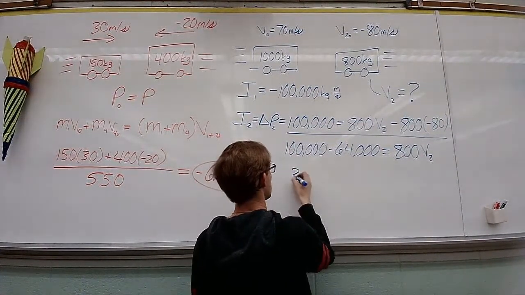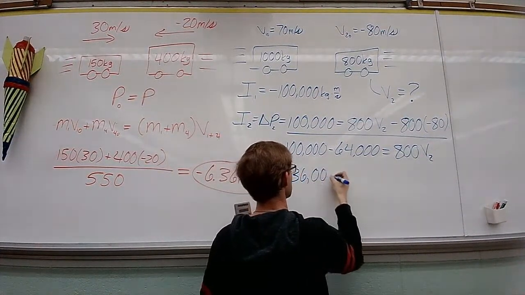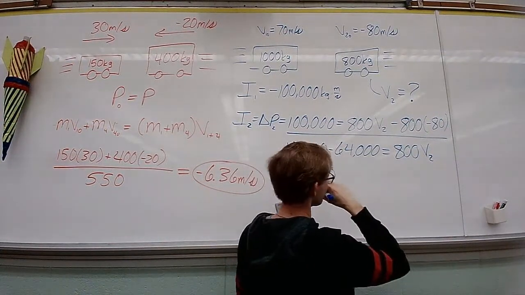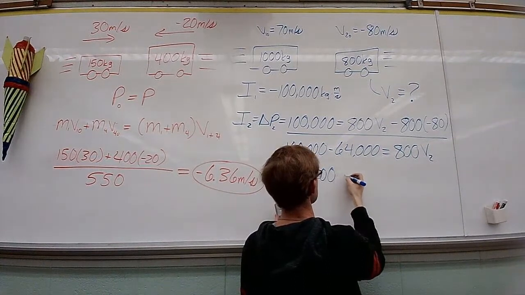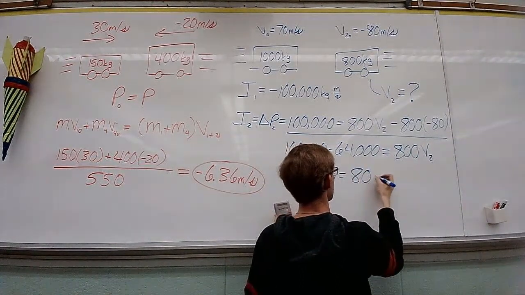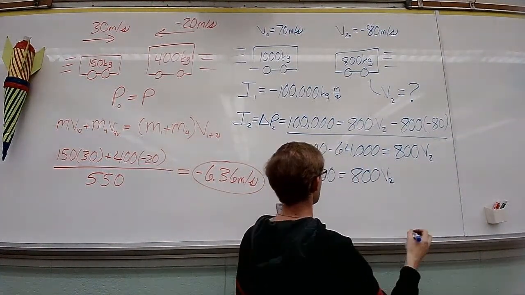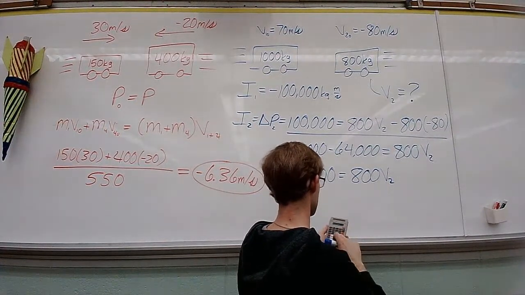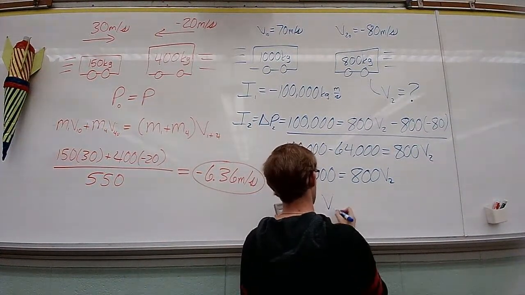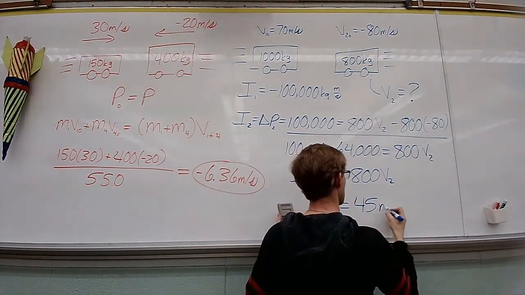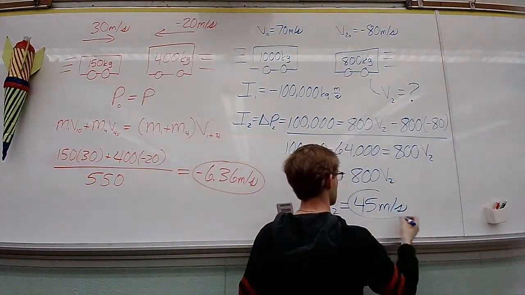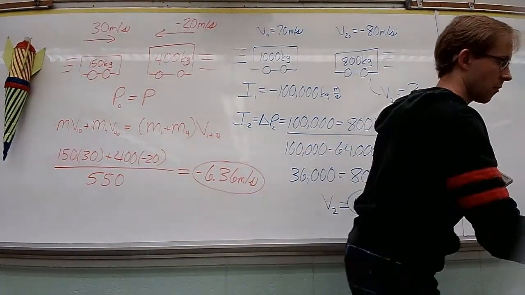So we've got 36,000, and it's equal to 800. And so V2, I have a final velocity of 45 meters per second there.